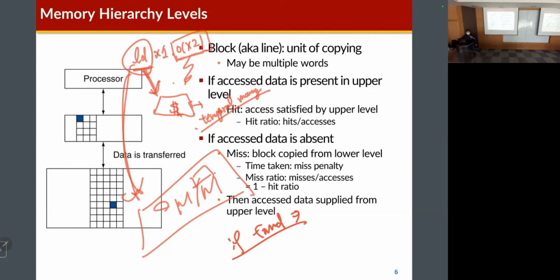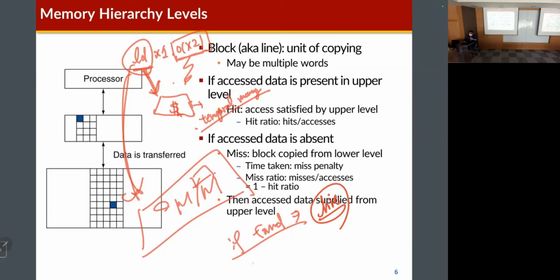If this data is found in the cache, the processor can read it quickly. So if found in the cache, we say this event is a hit. This is the very happy case, right? The processor can read data quickly from the cache.